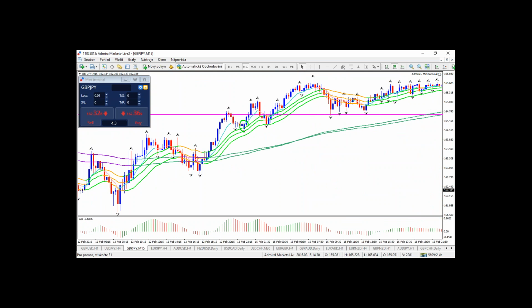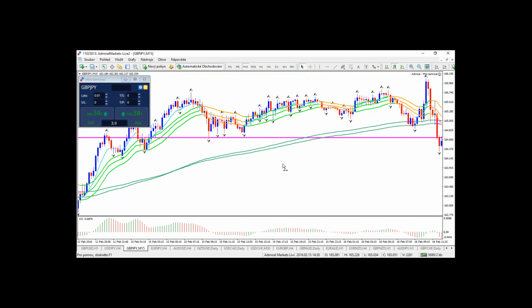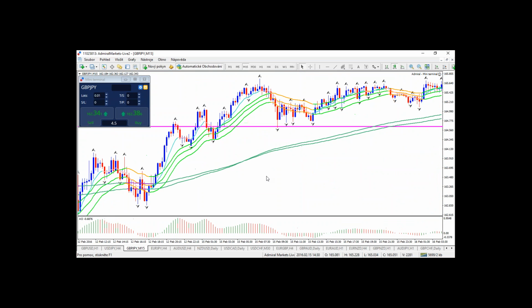There was a setup here, a setup here. This zone is out. That's choppiness. Now, mind you, when price does this, what happened here? What is the difference between this and this?